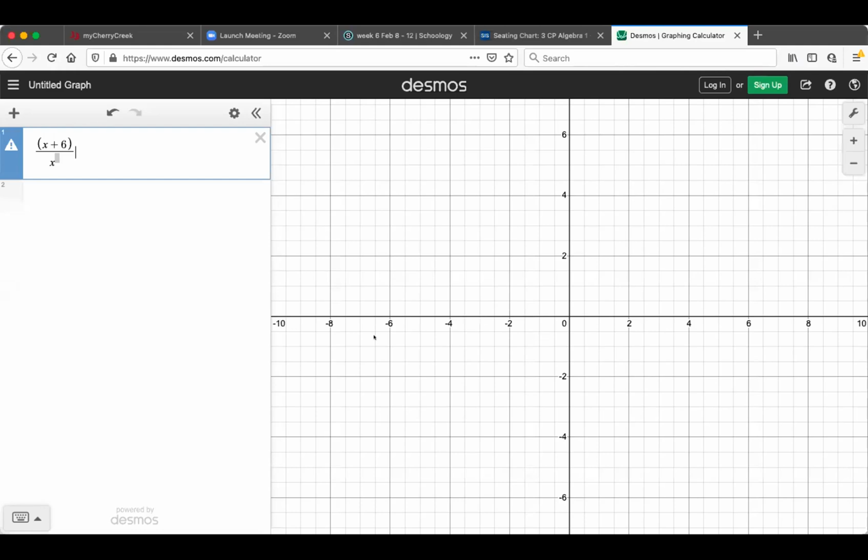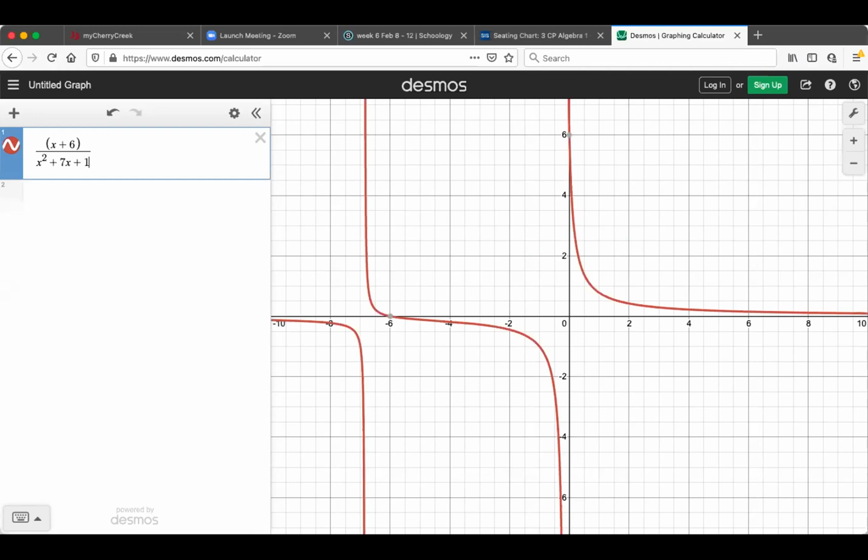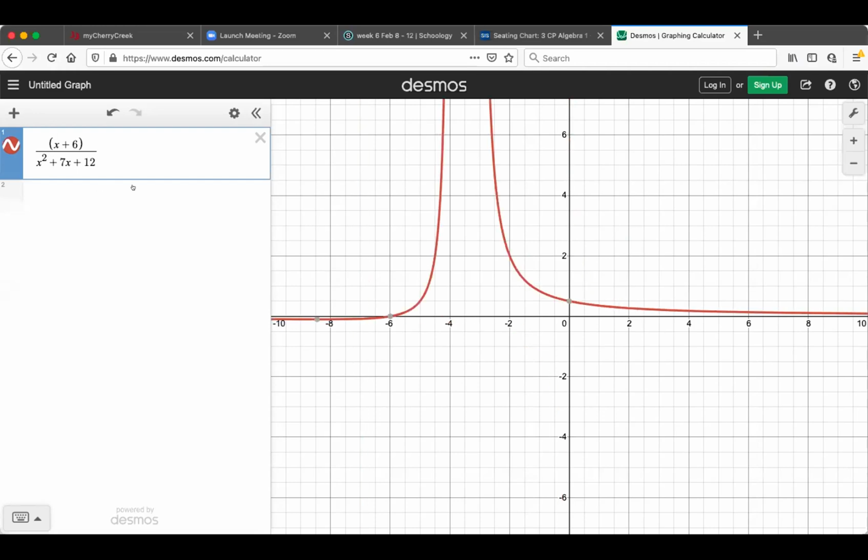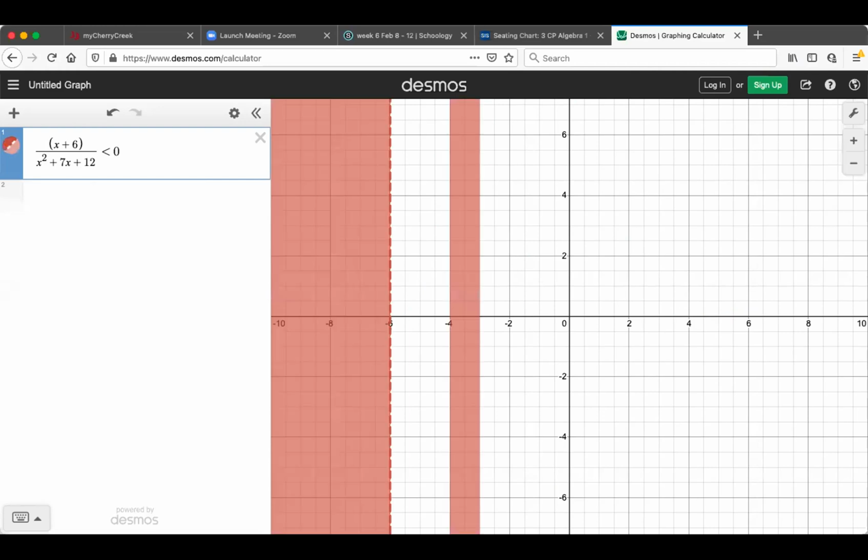Cool. So make sure you have that in parentheses. So you have x squared plus 7x plus 12 down here. And then you're going to use your less than sign to show the shift of 0. Okay, so where is this less than 0?